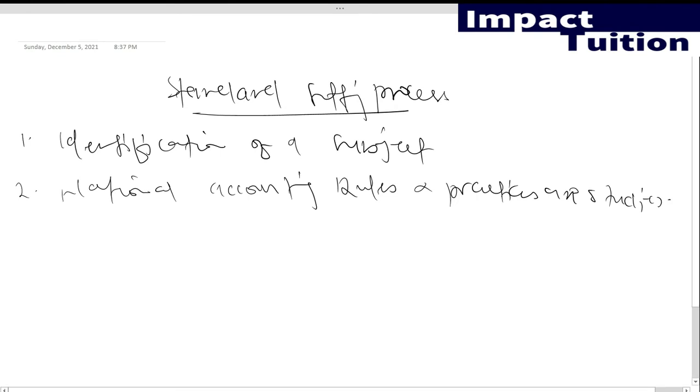The third step is that an advisory group is established to give advice to the IASB.